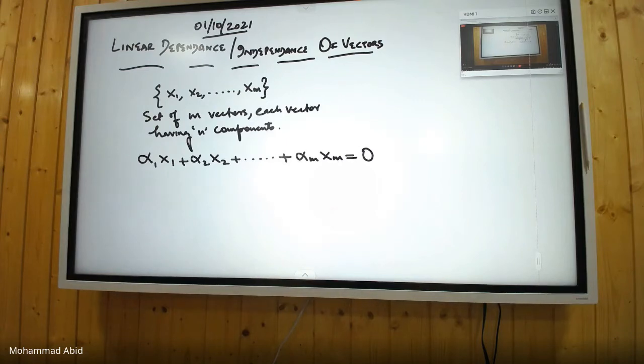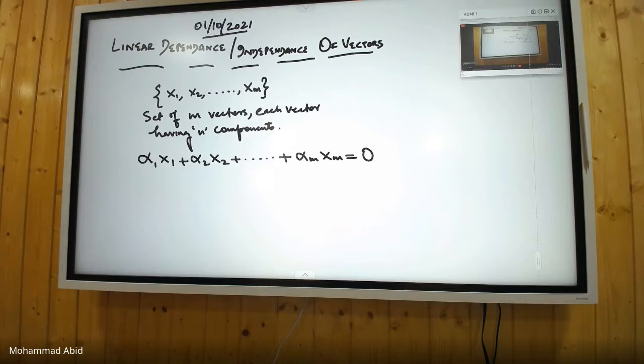If the only solution is that all alphas are 0, then this set of vectors is linearly independent. But if there is any non-zero solution for alpha, then we say that the set of vectors is linearly dependent.